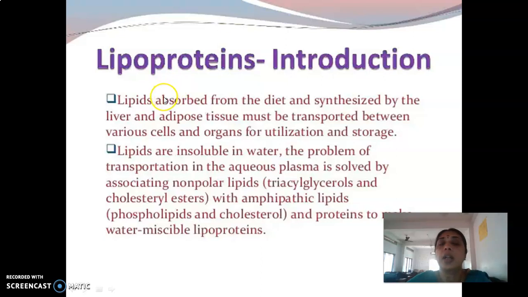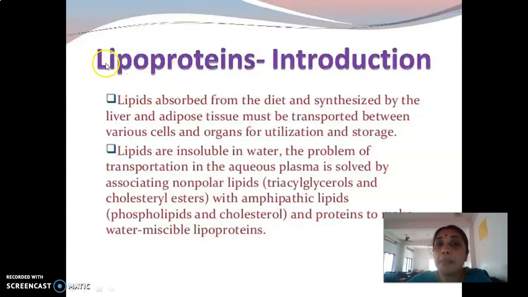So lipoproteins: the lipids absorbed from the diet and synthesized by the liver and adipose tissue are transported among various tissues and organs with the help of a class of molecules known as lipoproteins, because lipids are insoluble in blood.